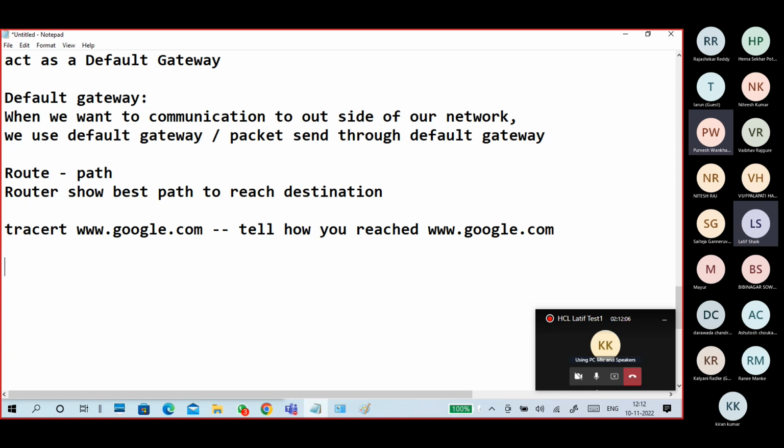Like I want to go to the railway station. That is my destination. How do I go? First of all, I have to go from my home to the bus stop. Catch the bus. Then some bus stops are there, right? Bus stop, go to one place and then another place, then another place. Finally, we reach the destination, right? So this is the tracert.